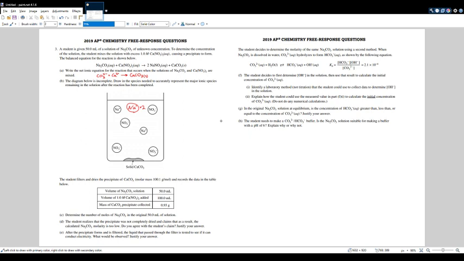But possibly I could be wrong because it asks you to represent the major ionic species, and it's not necessarily major because it's in excess. So I'm not really sure how to answer that. I know this has to be here, but I'm not sure about the amount of calcium ions that need to be in the solution, if any at all. So I can't say anything about that answer.